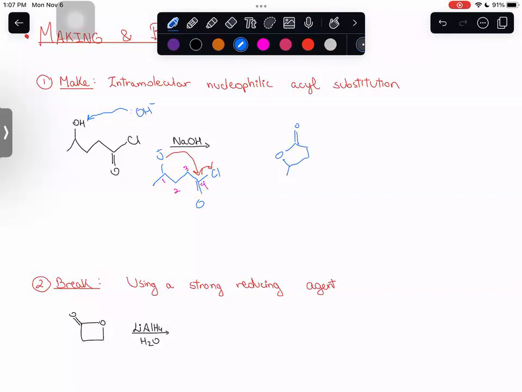Do you guys remember the reductions, the mechanism? Exactly, the sodium and the lithium reagent. Do you remember the mechanism? The sodium reagent was the weaker one that can't reduce esters, but it can reduce, was it carboxylic acid or something?